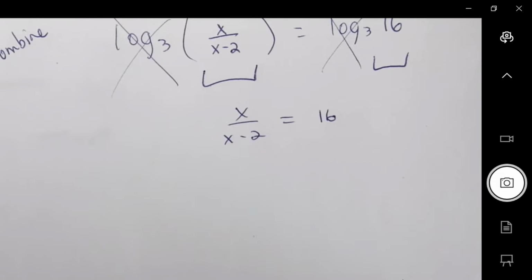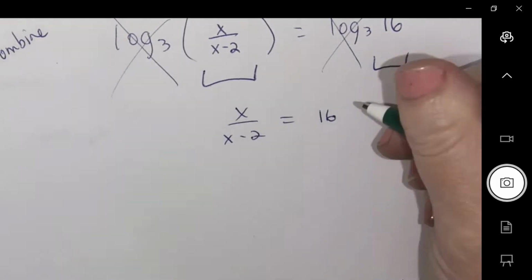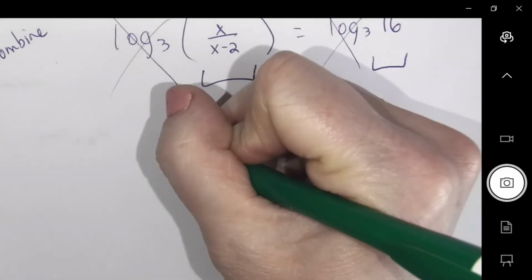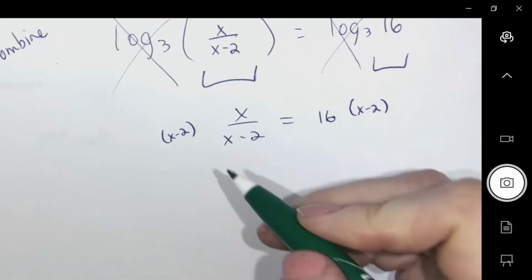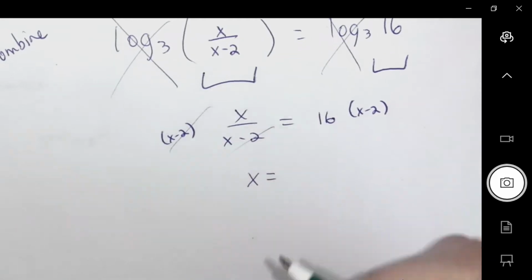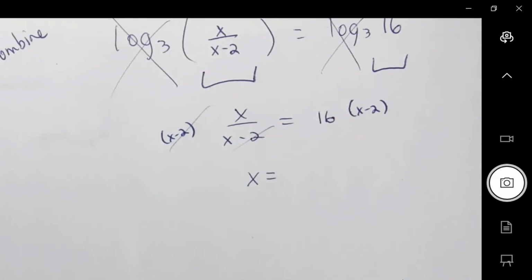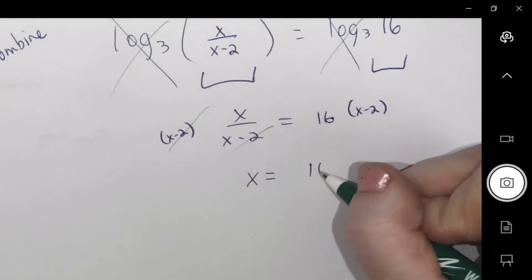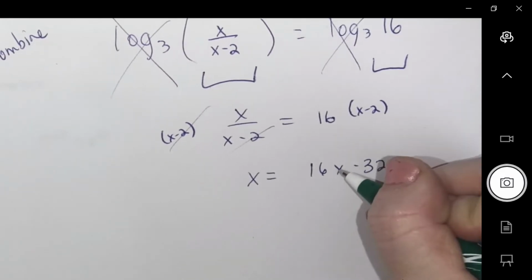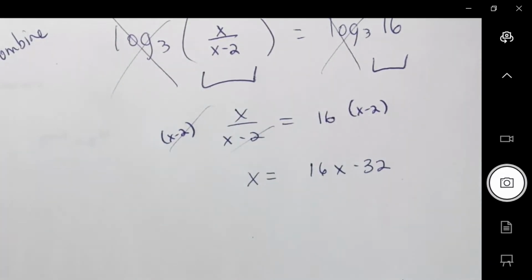Okay, now algebra stuff. What do you want to do? Times by x minus 2. So 16x minus 32. I think I'm going to subtract 16x.